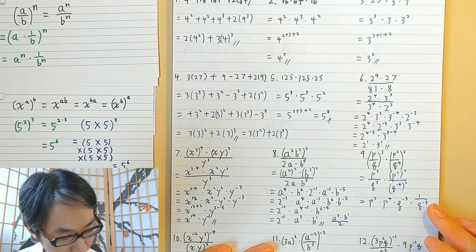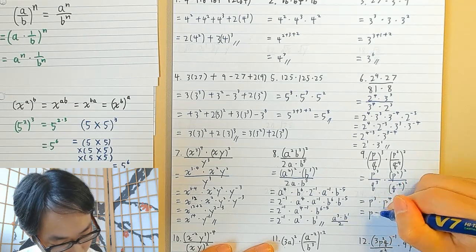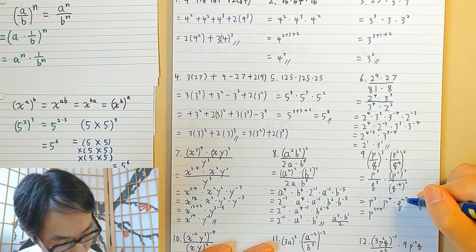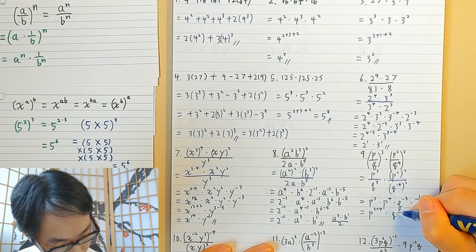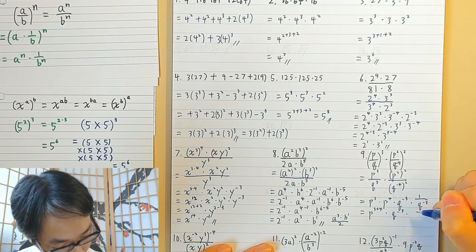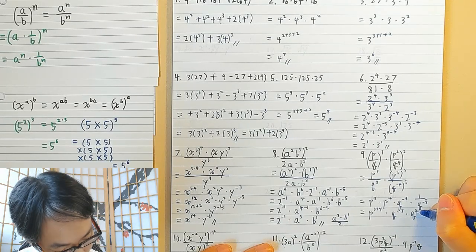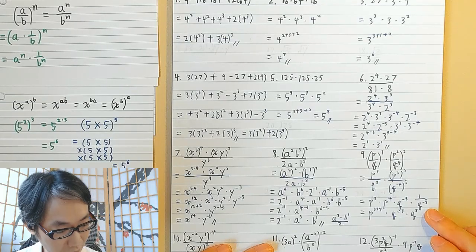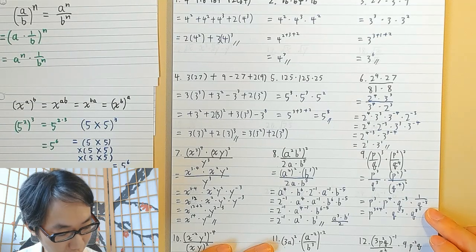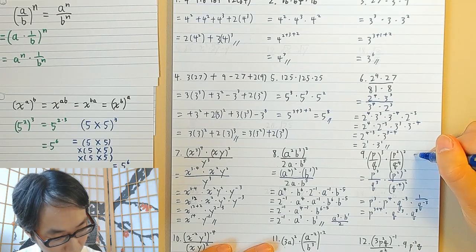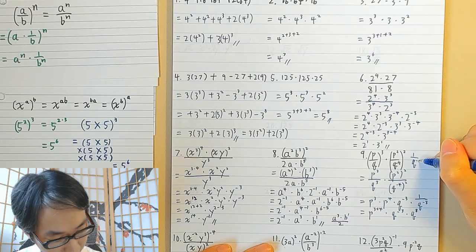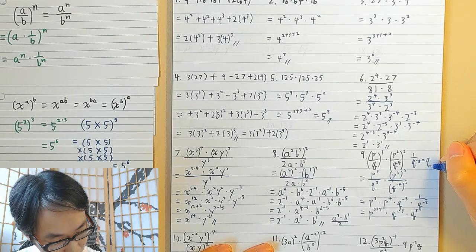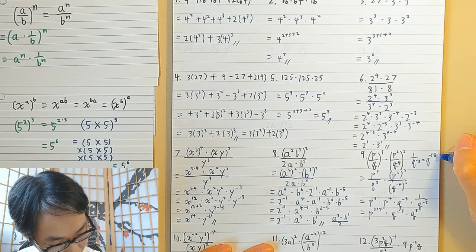So if we remove the fraction, at the same time doing this 3 plus 4, Q to the power of 3 times Q to the power of +8. Okay. Because negative 8 will be a +8. Because 1 over Q to the power of -8 is equals to Q to the power of 8.